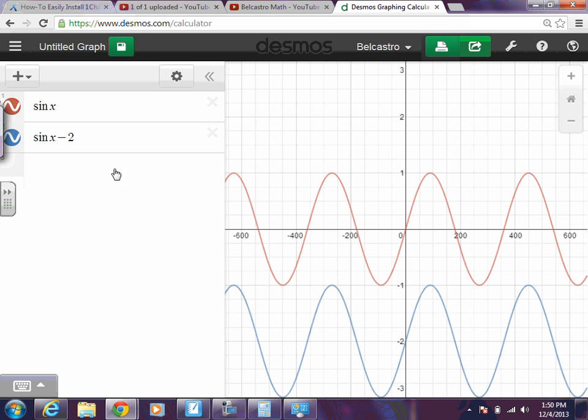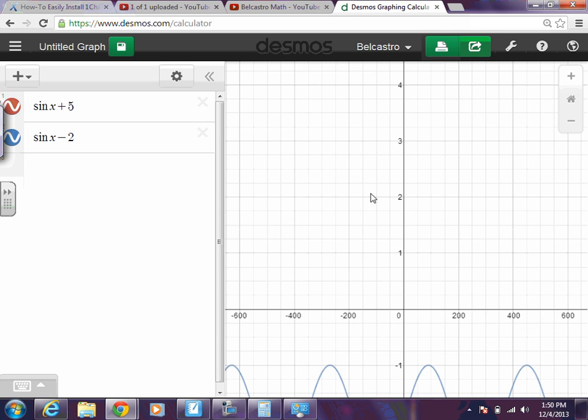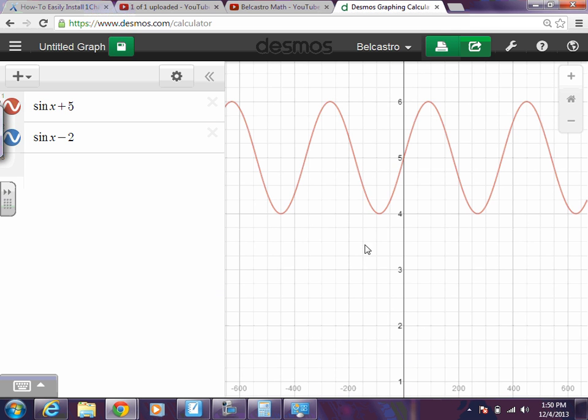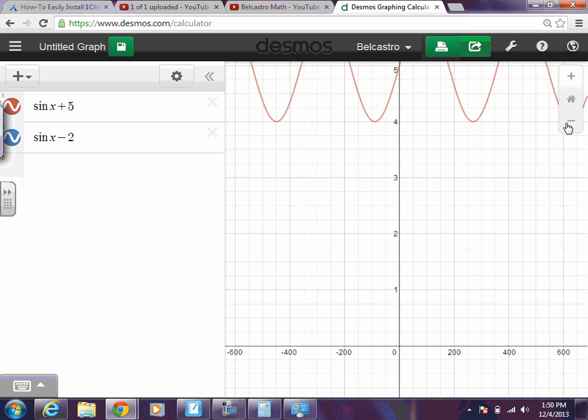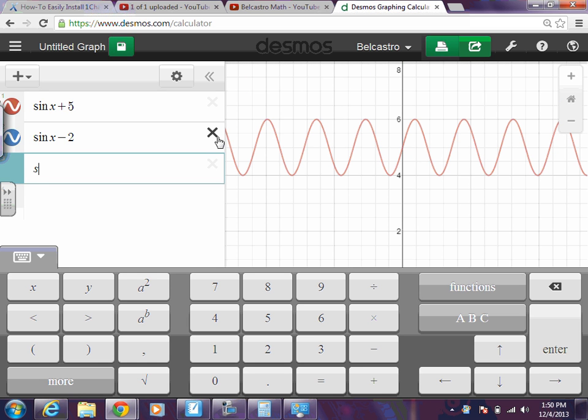If we were to add 5 to this, so I have plus 5. Oh, sorry, that's equals plus 5. It is now shifted up 5 units. And I guess I could zoom out a little to get a better view of that. Okay? So these are all transformations of sine x. That's what our k value stands for.